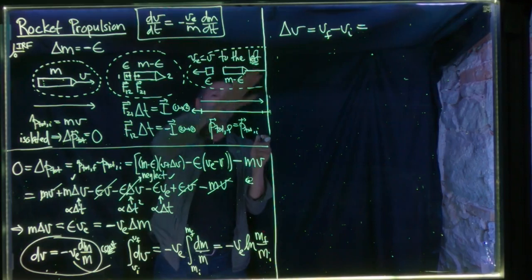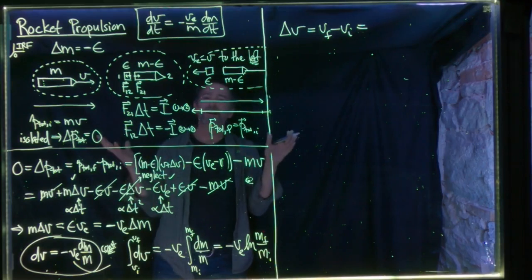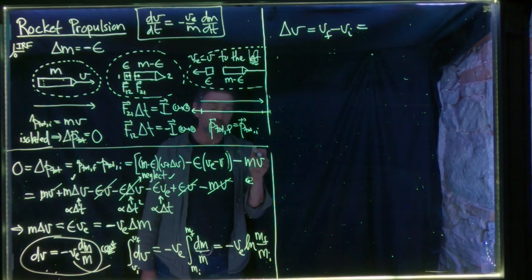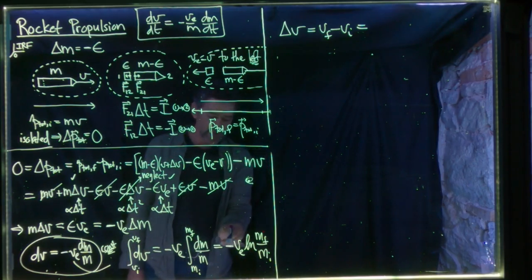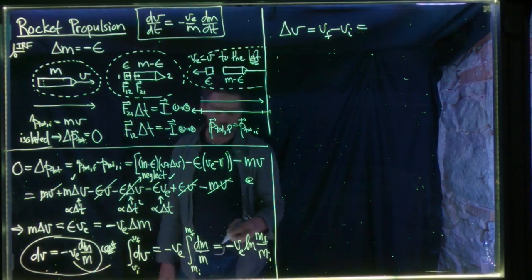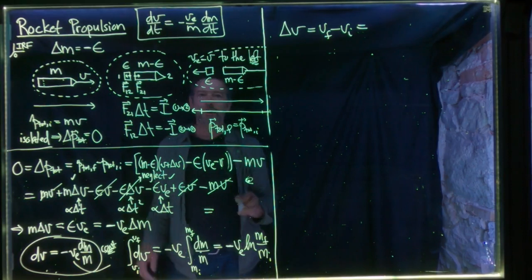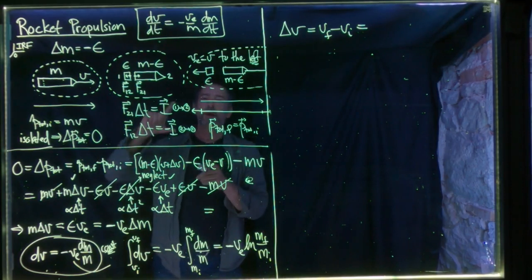Now, the delta V of the rocket is a positive thing, right? We want the rocket to speed up. So the change in the rocket's velocity is positive, but there's a negative sign over here. So that makes this form of the equation awkward. But you know that the log of a divided by b is the negative of the log of b divided by a.